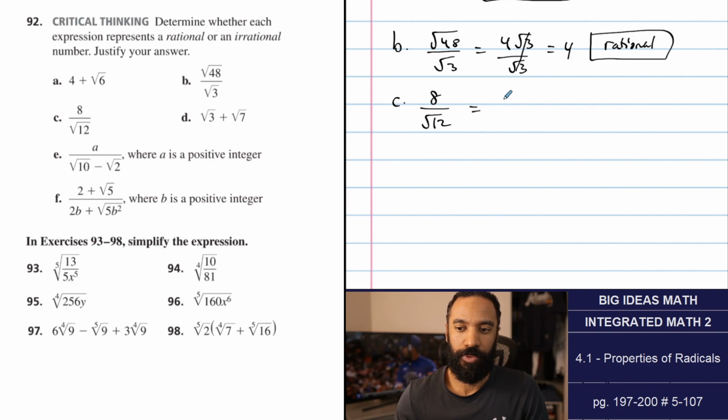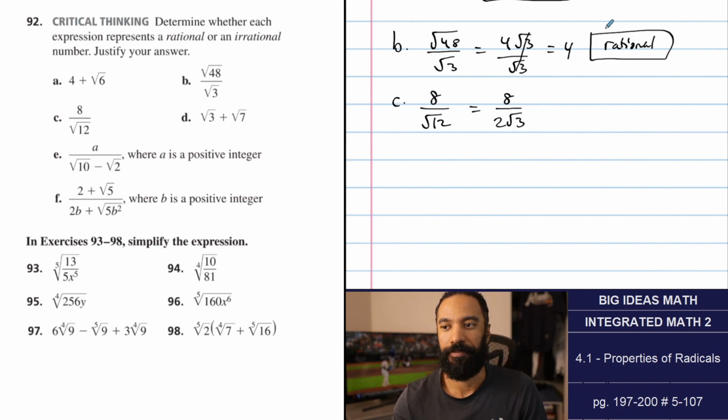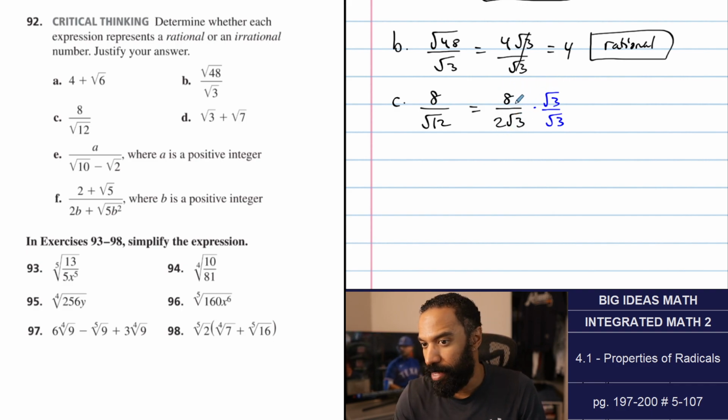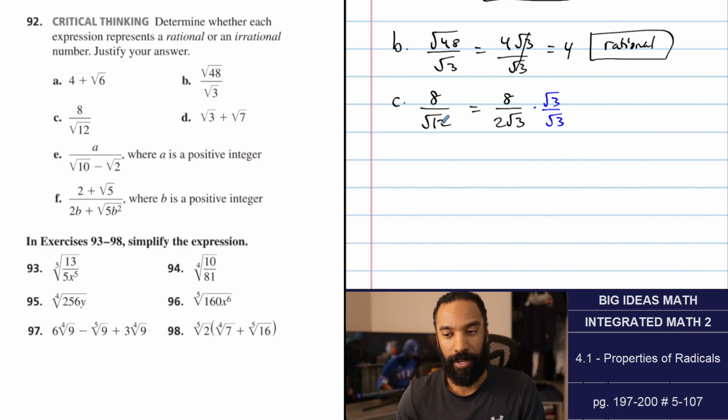Part C, 8 over root 12. Root 12 is 2 root 3. We've seen it over and again, and maybe you know it at this point. I'm going to rationalize the denominator, but I see no reason that this will rationalize itself. I've simplified my radical. By the way, 8 over 2 is 4. Let's take care of it now.